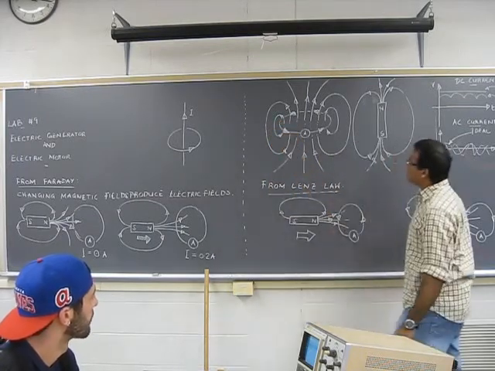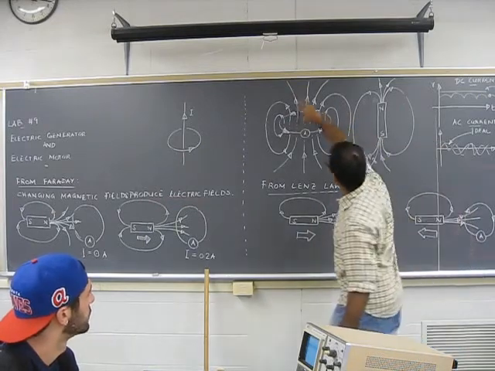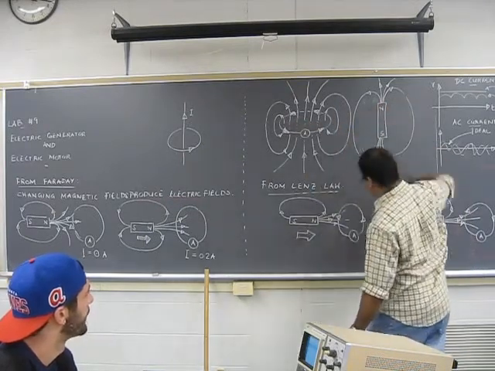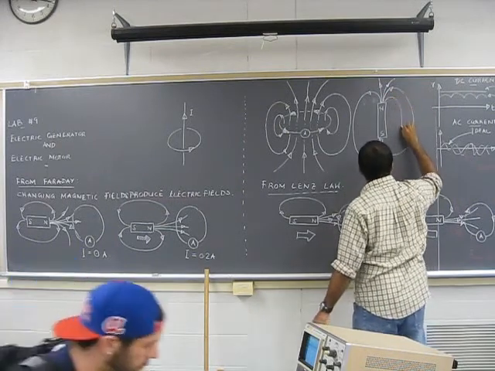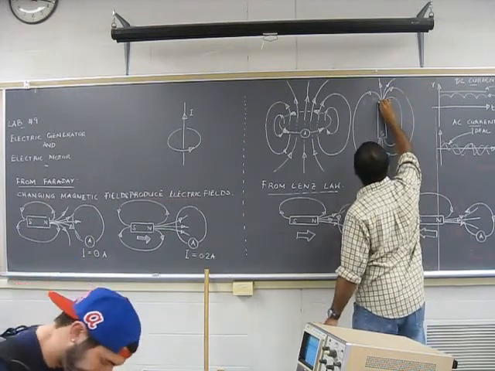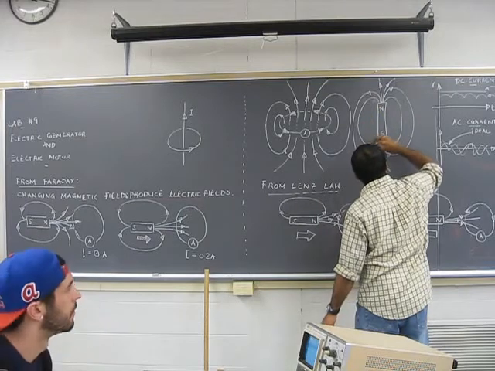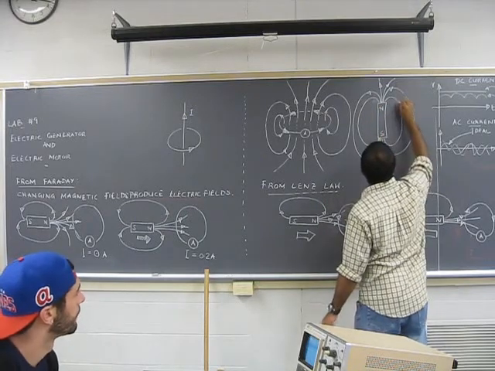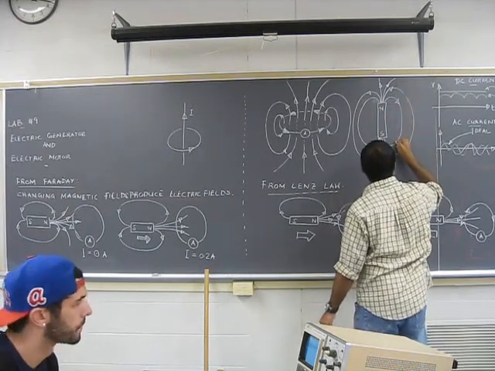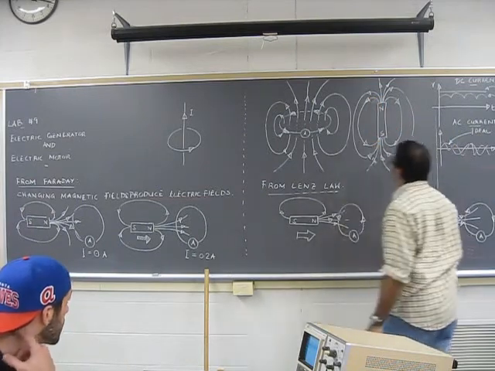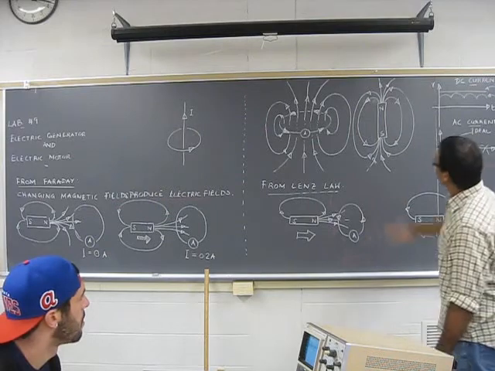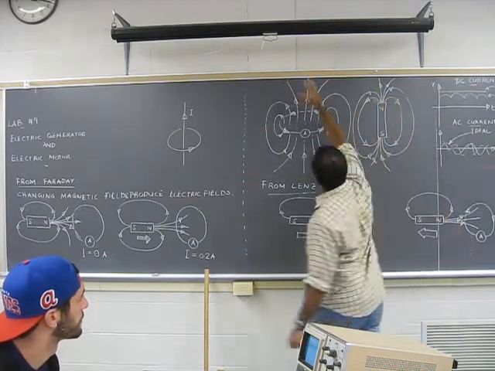Okay? Now if you look at these two, this field line pattern and the field line pattern because of this magnet, you should see a comparison. This is north to south. Field lines are moving away from the top.